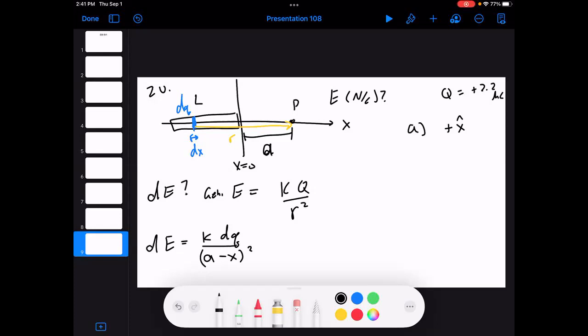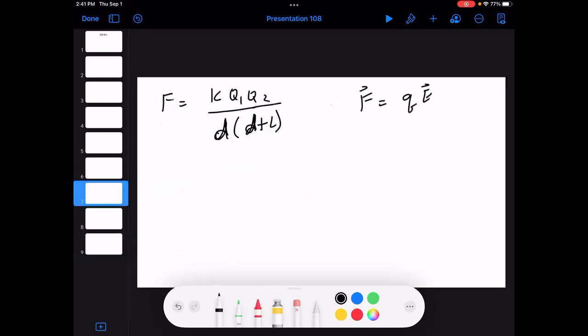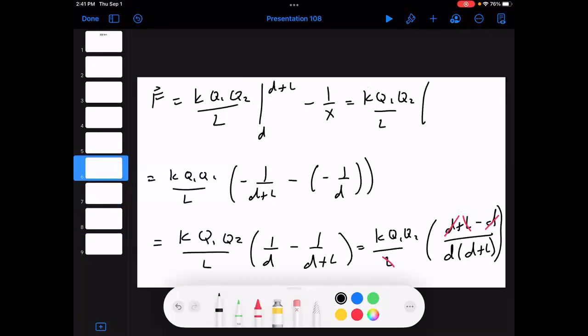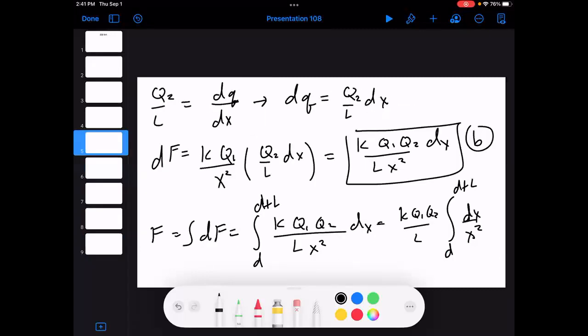So that means we need to relate x to A. And how will we do this? Could we do it the same way? Yes, good, excellent.